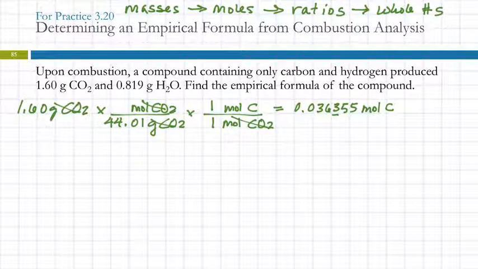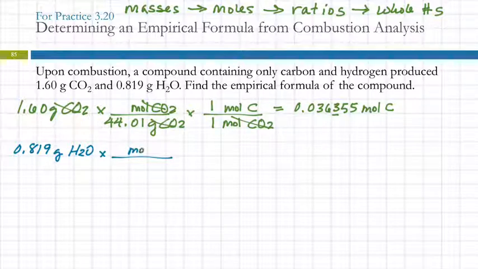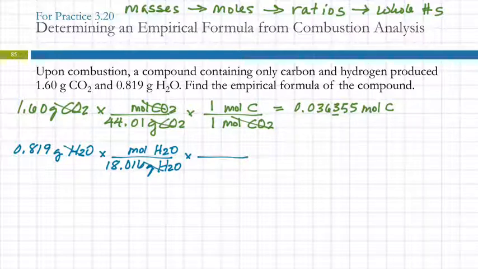So we can do a similar process to find the moles of water. I'm sorry, the moles of hydrogen from the water. 0.819 grams of H2O. So we'll convert that to moles of water using the molar mass of water. And then we'll convert to moles of hydrogen.